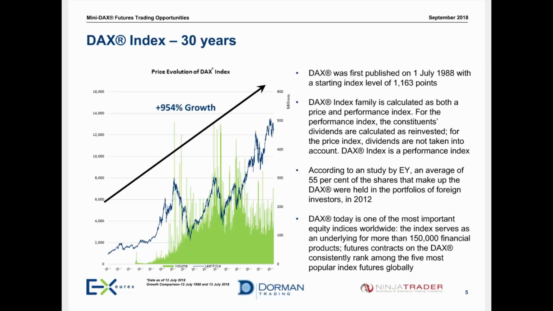Now, the DAX today is one of the most important equity indices worldwide. Listen to this one. The index serves as an underlying for more than 150,000 financial products. Futures contracts on the DAX consistently rank among the 5 most popular index futures globally.